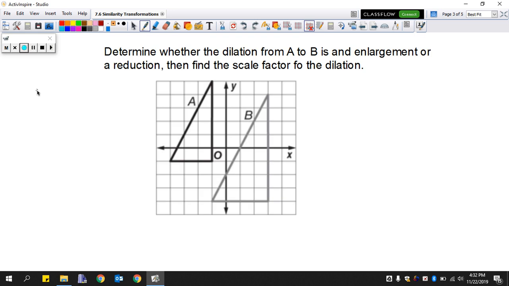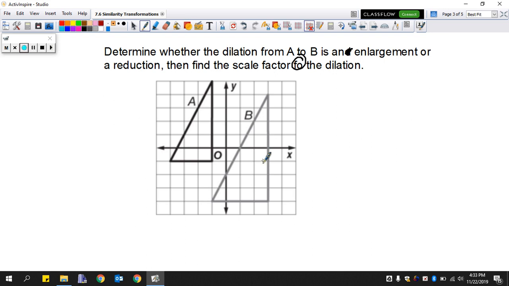All right, so this one says determine whether the dilation from A to B is an enlargement or a reduction. See, I got a typo here. Is it an enlargement or a reduction? Then find the scale factor of the dilation. Once again, another typo. So the easiest thing to do here is just look at it. A is our original one, B is our dilation.